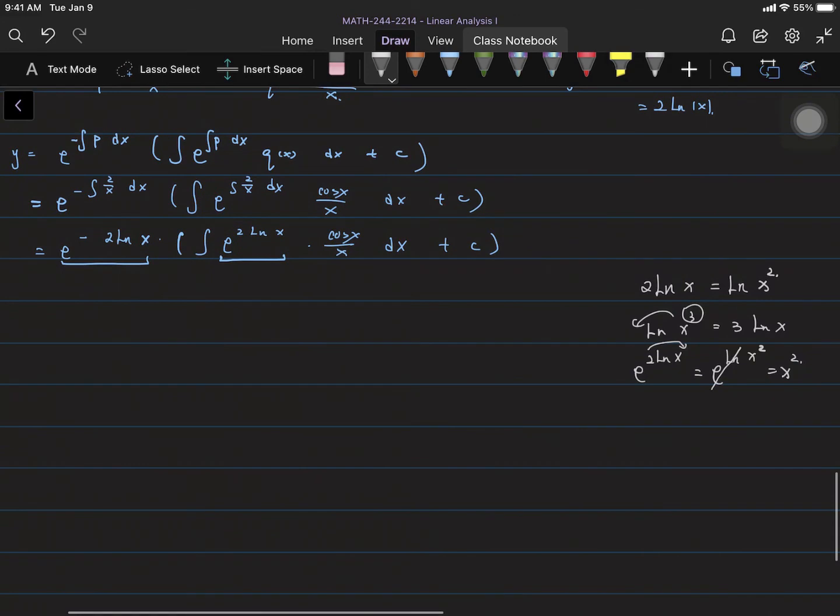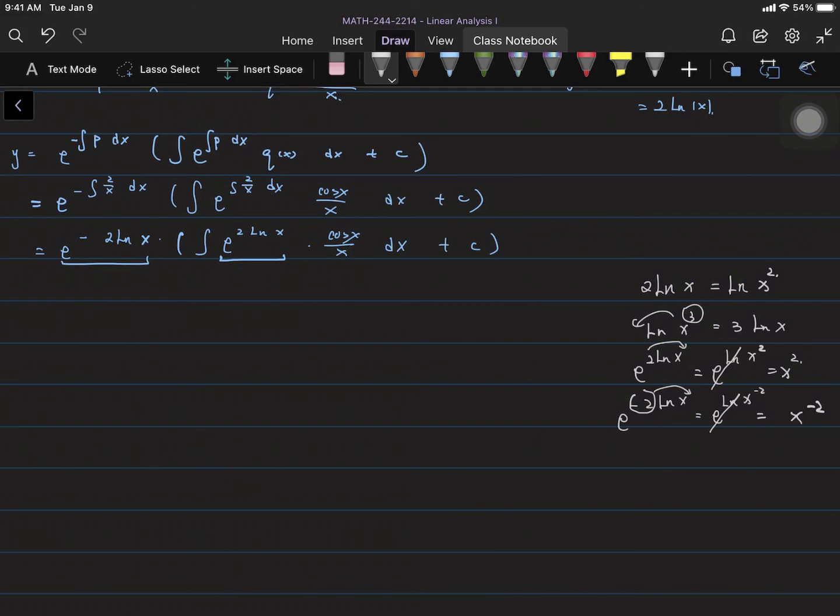Let's see, we have another term which is e to the negative 2 natural log x. Same thing, e to the natural log x to the negative 2 power. Put this back, use the power rule, so cancel those, x to the negative 2.